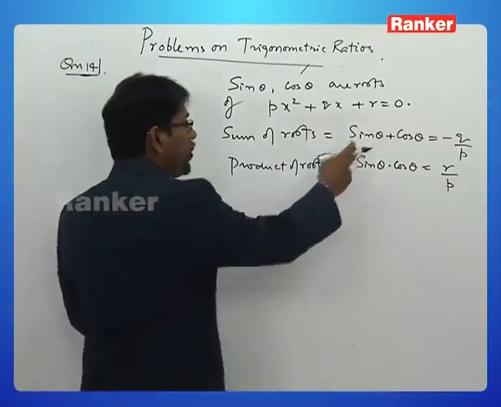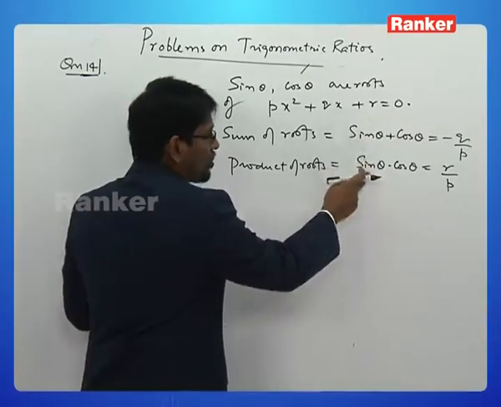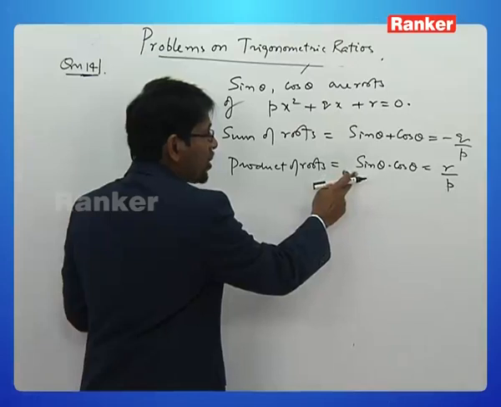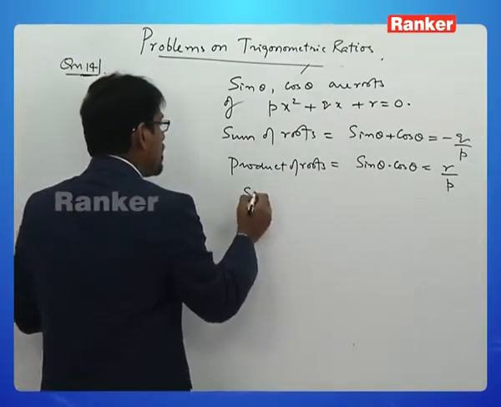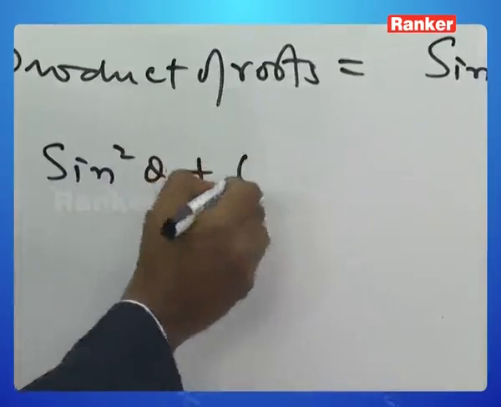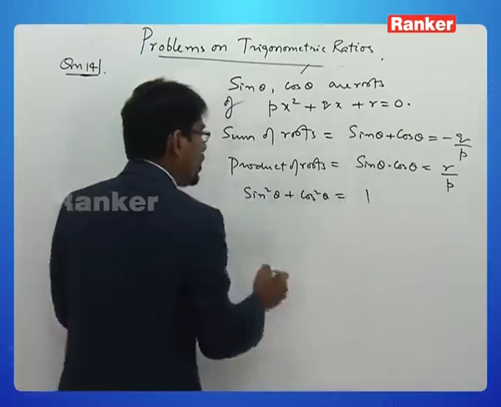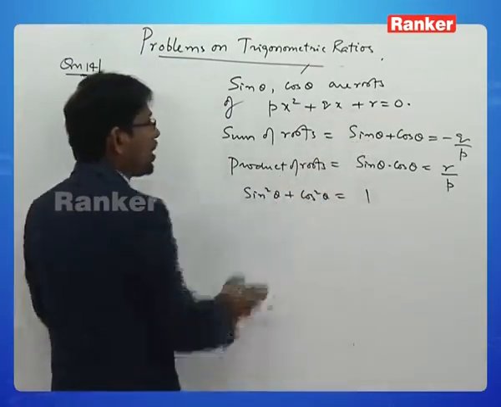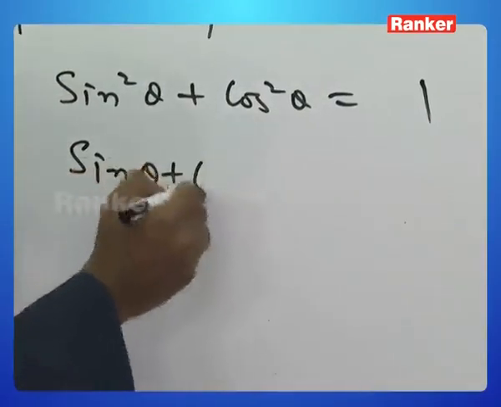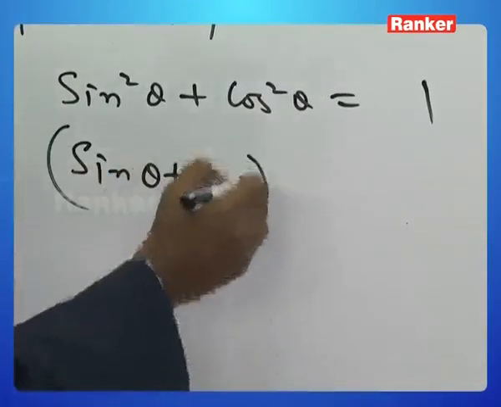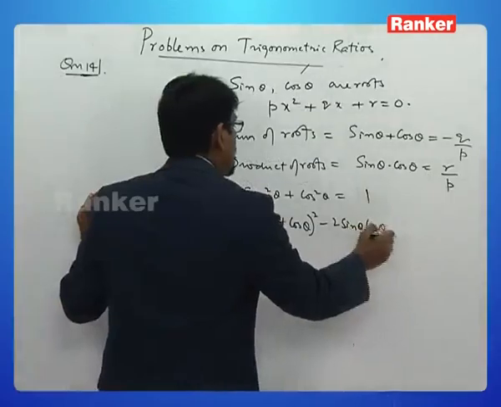Now, how do we eliminate theta from these two? You observe that if you squared this and subtracted 2 times sin theta cos theta, you will get sin square theta plus cos square theta, which we know is equal to 1. So (sin theta plus cos theta) the whole square minus 2 sin theta cos theta is equal to 1 here.